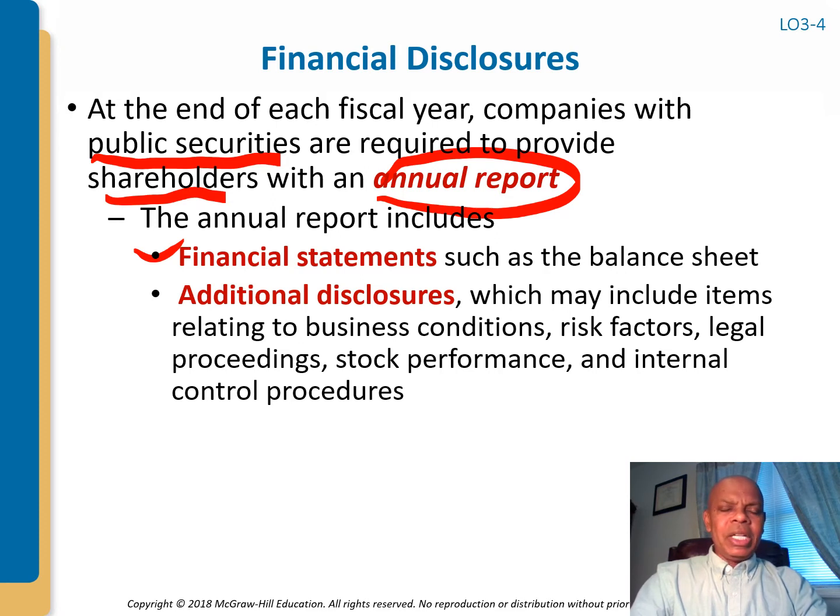Now, why do you need additional disclosure? You have the financial statements, but sometimes a financial statement is just a number that probably doesn't mean anything to a reader like you and me who know nothing about financials, right? So you have to dig deeper to understand what that number is. They might put a number here or anything.